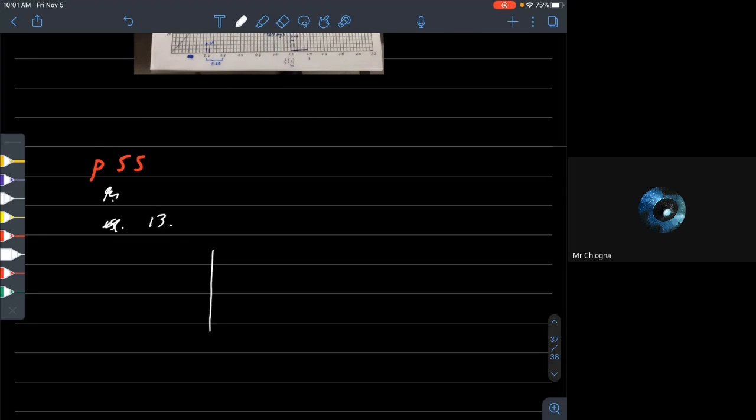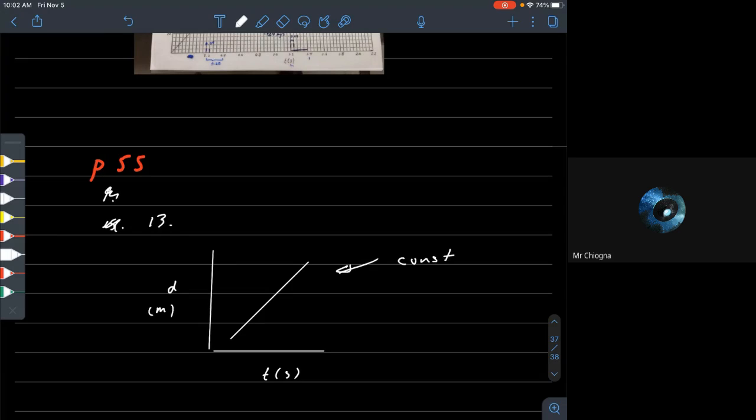So I'll draw it for you. What's important is this is a position time graph. When it says find the speed at 2 seconds, the speed is constant if it's a straight line.